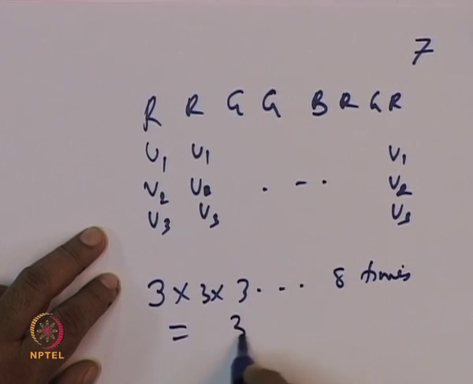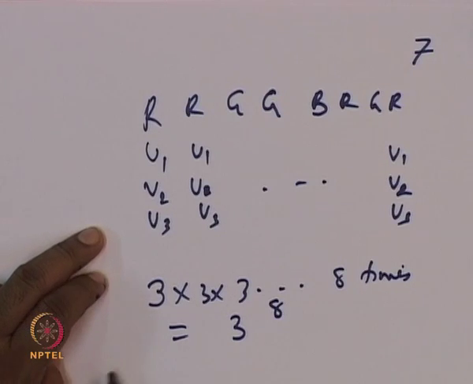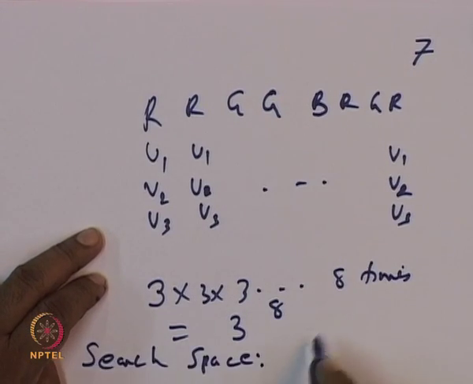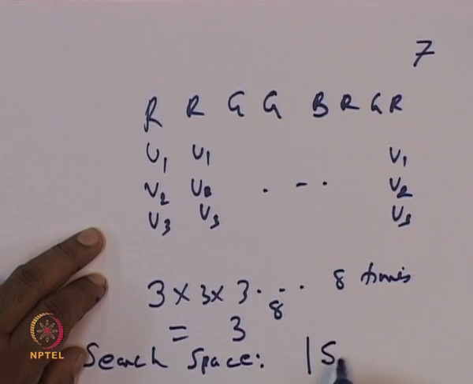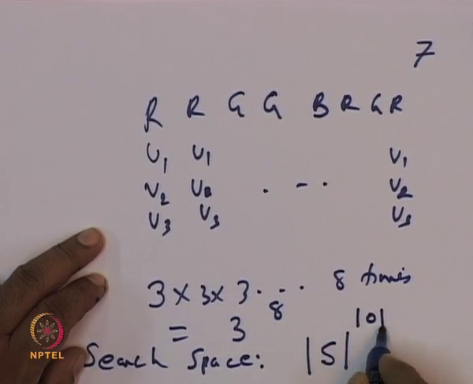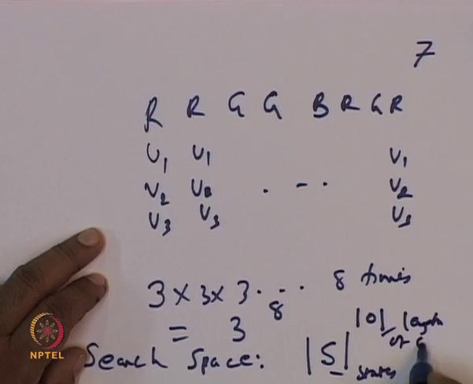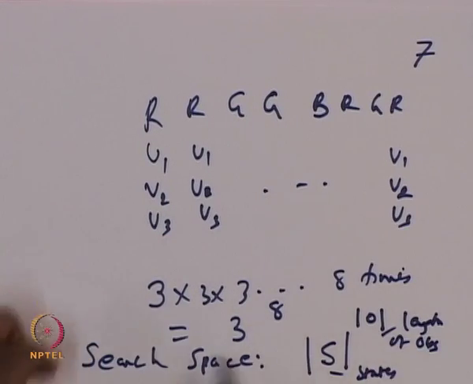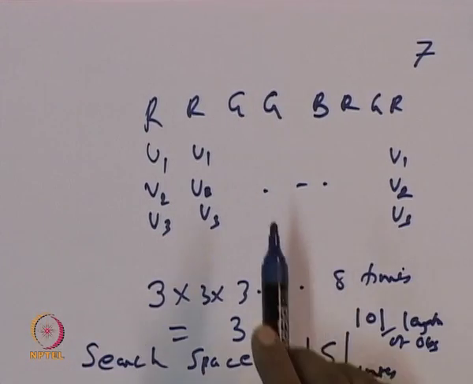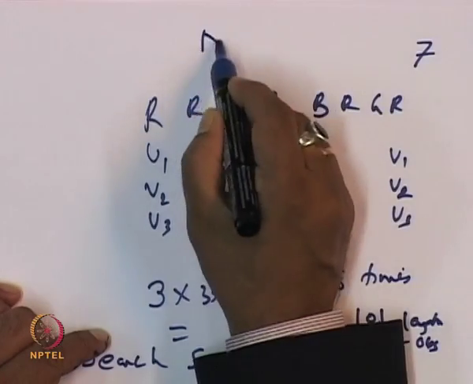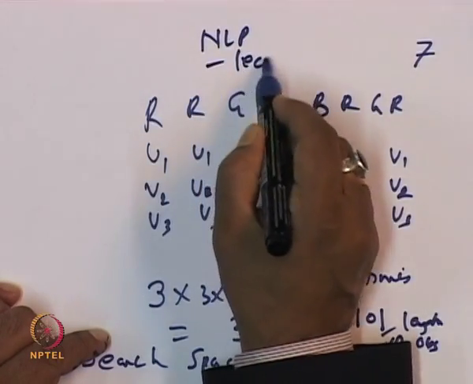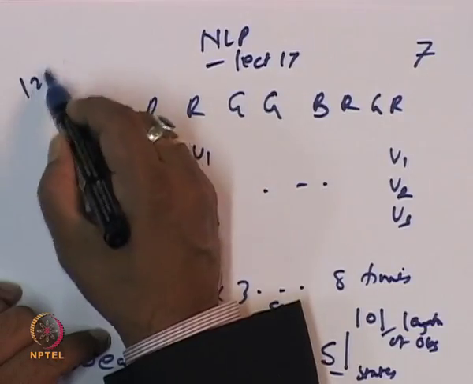So, the search space becomes 3 to the power 8, or the search space size would be the number of states to the power the length of the observation sequence. So, this is a tremendous amount of computation. We will see in the next class how to efficiently compute it by the Viterbi algorithm.